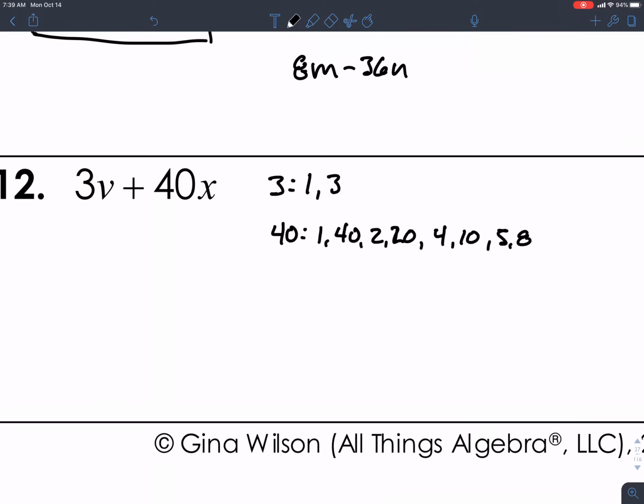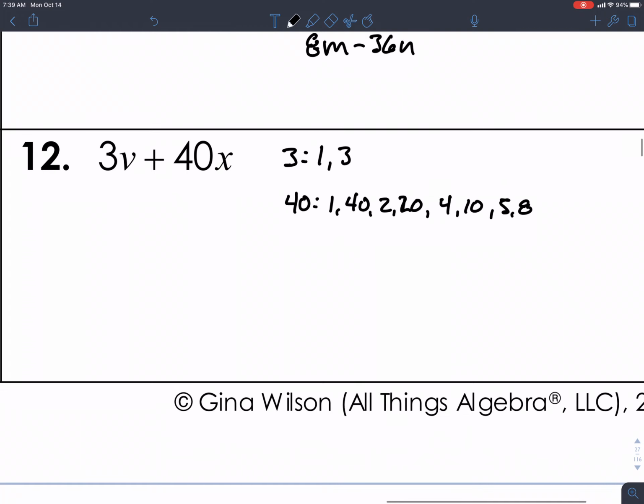Everything else you could reverse, 8 times 5, 10 times 4, 20 times 2. Well, let's look. I only see a 1. 1 is the only thing, and dividing by 1 won't change anything. So this one can't be factored.